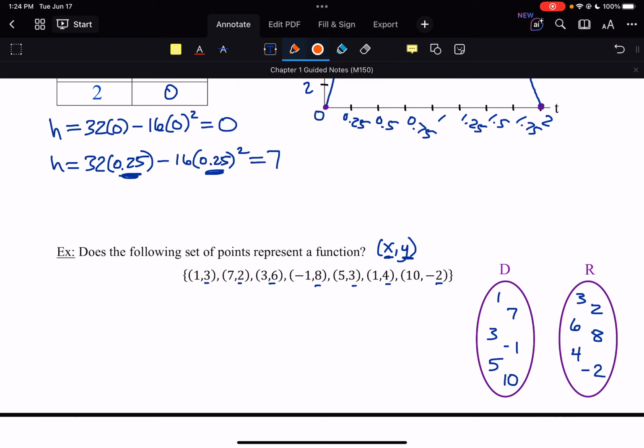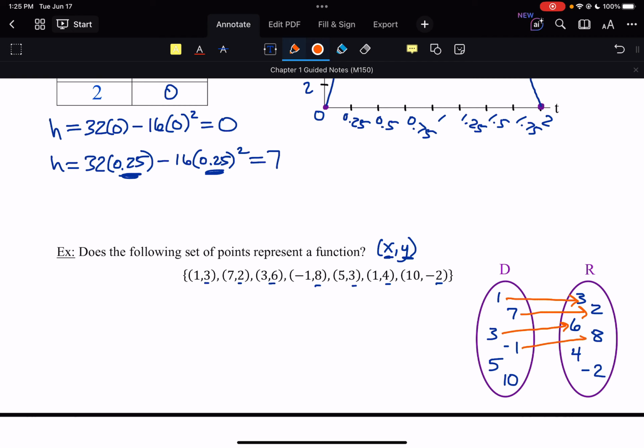And now let's see what corresponds to what. So we have the 1. So 1 goes to 3, right? As the function gets applied, we take that input, it results in that output. 7 goes to 2. 3 goes to 6.